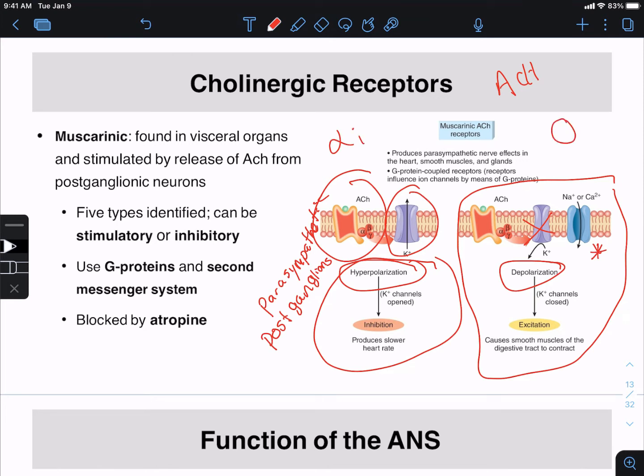Try that again. Alpha S. Okay, and so being aware that both of these things can happen is really quite important. Muscarinic receptors are blocked by the drug atropine, which you should remember from our pharmacology lab in class. Atropine is also used in the eyes to cause the pupils to dilate.